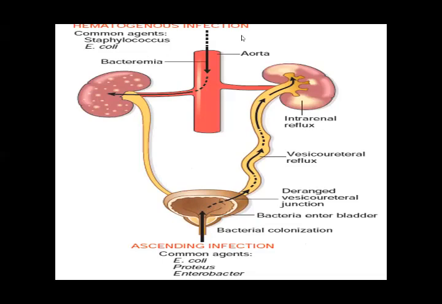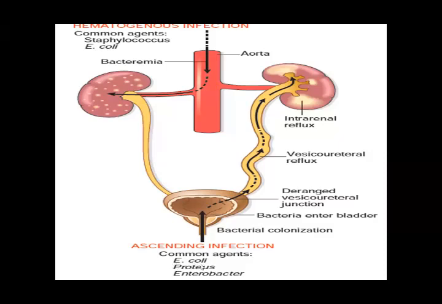Hematogenous infection will come from the blood, and it is staphylococcal and E. coli. E. coli is one common organism that can be introduced from the blood, or from descending infections, or from ascending infections. Ascending infections mean from the ureter up, which means that if there are incompetent valves, vesicoureteral reflux, then E. coli infections are quite common.